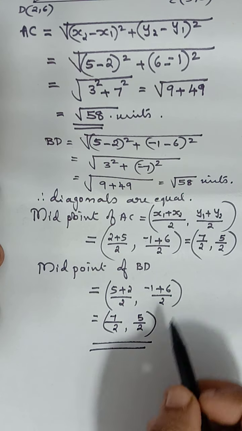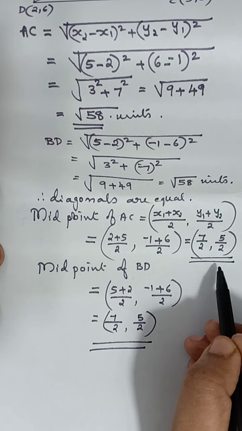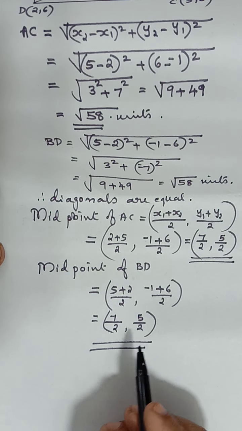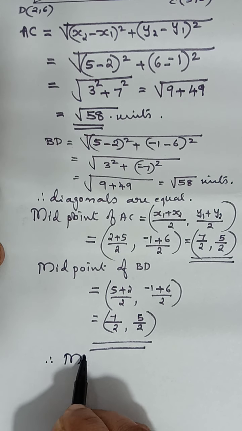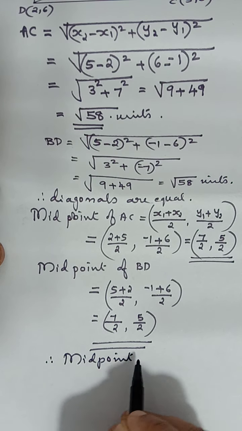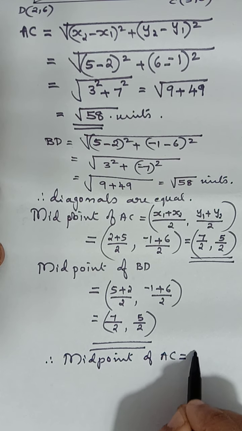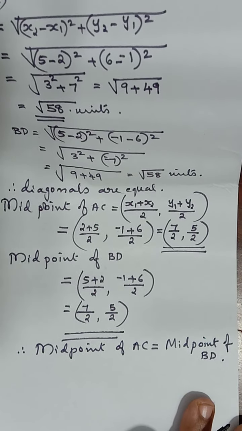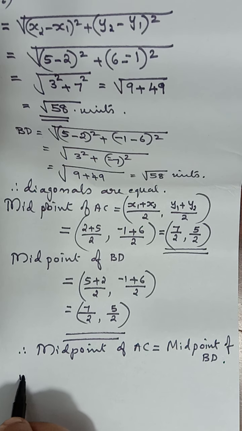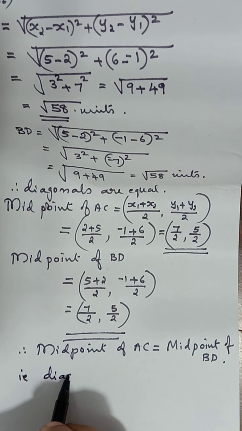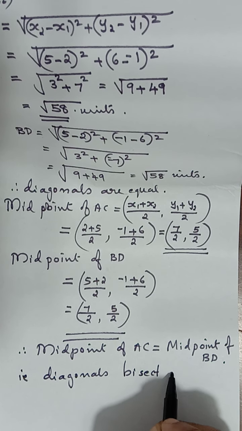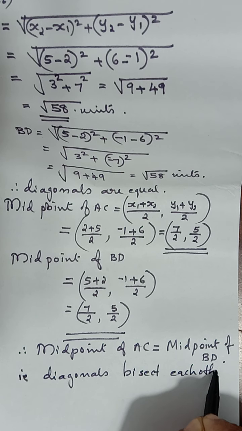Don't you see that the midpoint of AC is 7 by 2, 5 by 2 and the midpoint of BD is also 7 by 2, 5 by 2? Therefore, the midpoint of AC is equal to the midpoint of BD. Therefore, you have to say that the diagonals bisect each other. That is the conclusion.